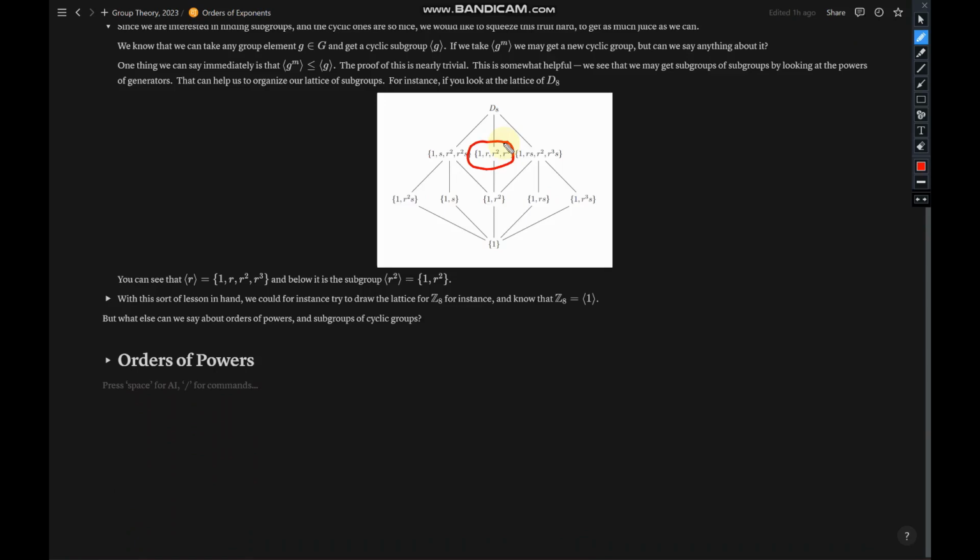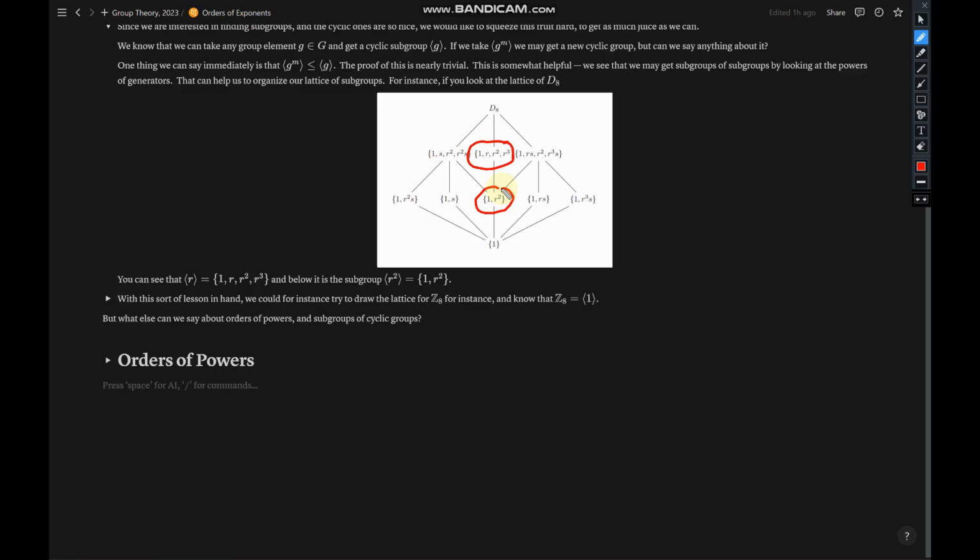If you then consider the subgroup generated by R squared, it is the subgroup consisting of just 1 and R squared. And the point here is that this can help you to find subgroups. Once you've found the subgroup generated by R, you can find the subgroups of it by taking exponents and looking at the subgroups generated by them.